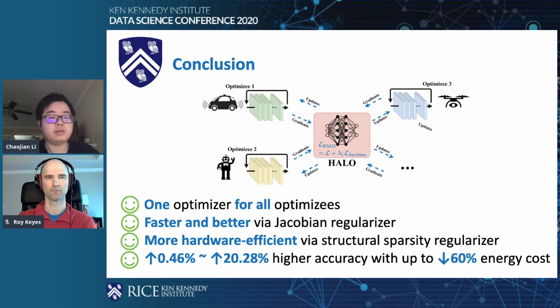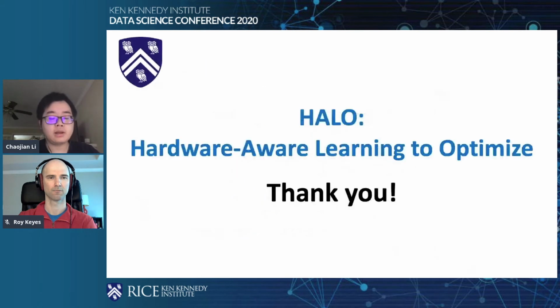And the experiments on SOTA IoT hardware and various datasets and optimizees show that Hello could achieve higher test or adaptation accuracy with up to 16% less energy cost. Thank you. That's all for the presentation on Hello.